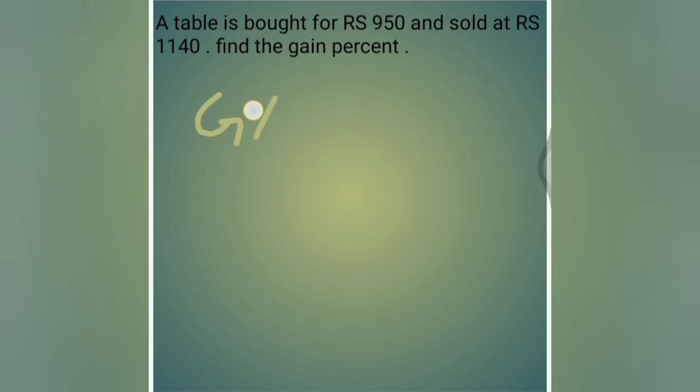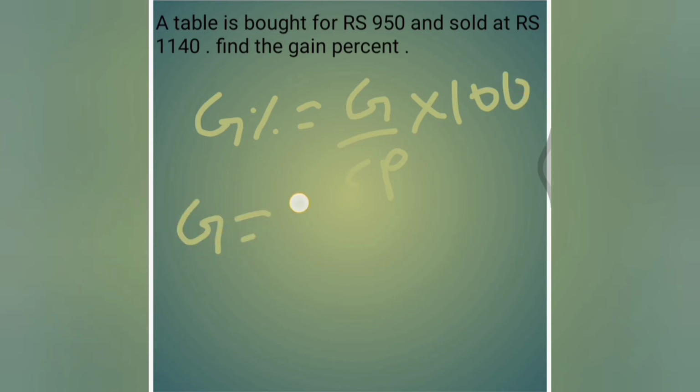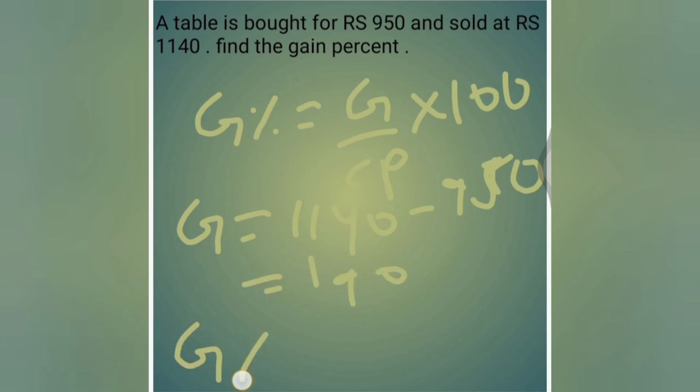Find the gain percentage. Gain percentage equals gain by cost price into 100. Here, gain is the difference between the bought price and the sold price, right? The difference between these two is 1140 minus 950. I am getting 190. So the gain is 190.